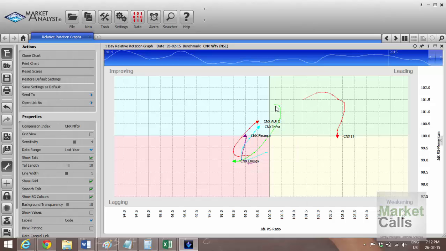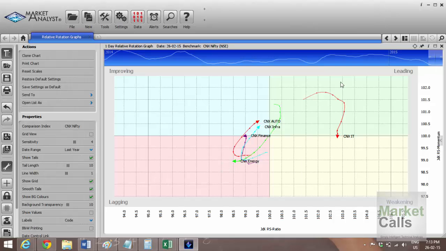Energy is moving from leading once again to the lagging mode, so energy is not performing well. The lagging quadrant ideally says the sector is heavily underperforming Nifty, so it is not the right time to choose the energy sector. Maybe once it moves into the improving mode, we can consider investing in that sector.